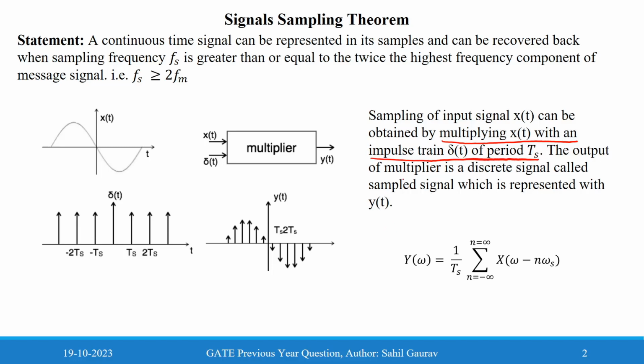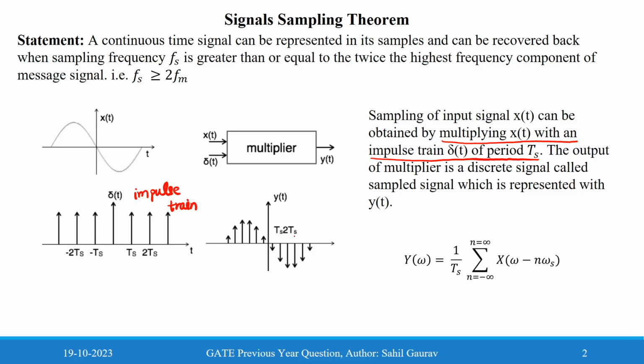The output of the multiplier is a discrete signal called the sampled signal. Here x(t) is the input signal and δ is the impulse train, and when both get multiplied, we get the output like this.